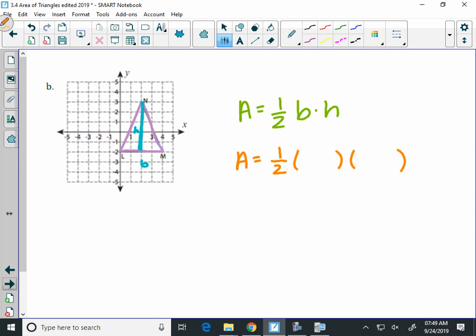When we count, what is the length of our base? 4. When we count, what's the length of our height? And we plug that in. The area of 1/2 times 4 times 5, my area is what? 10 units.